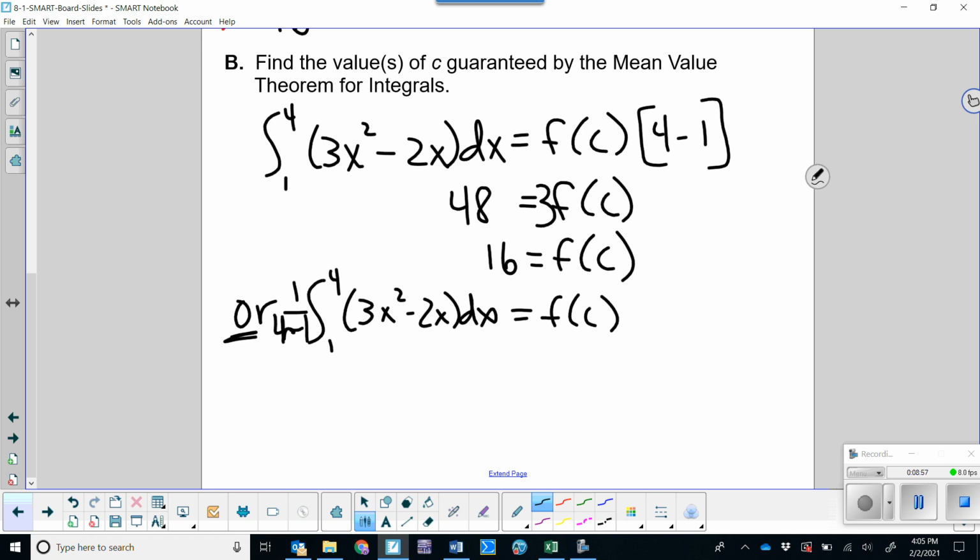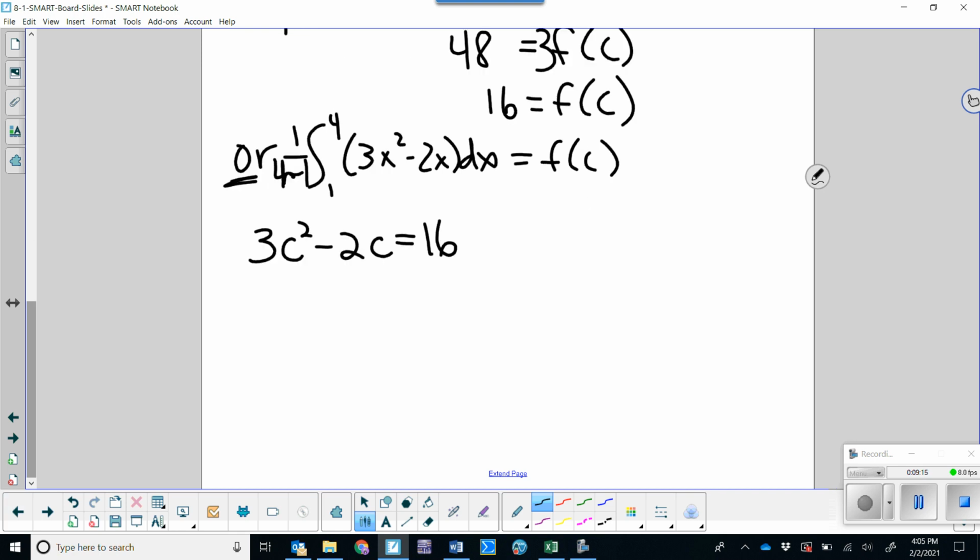But I'm not done because that's f of c, and it said what value is c. So my function f of x is called 3x squared minus 2x. So I'm going to put a c in there because I'm trying to find out when does f of c equal 16. So this is what I'm trying to figure out. What is c?